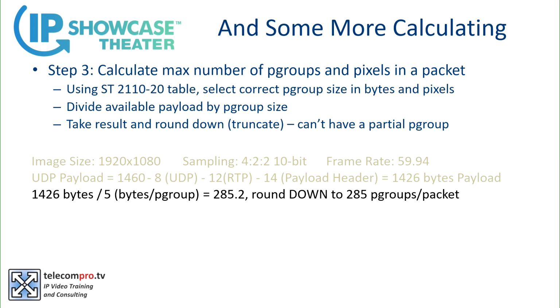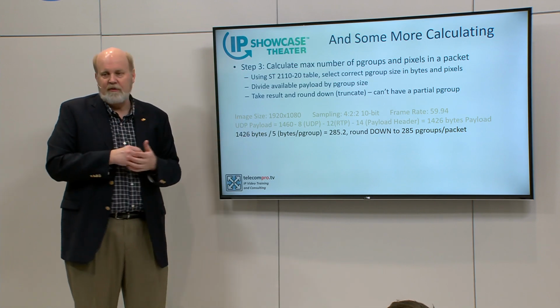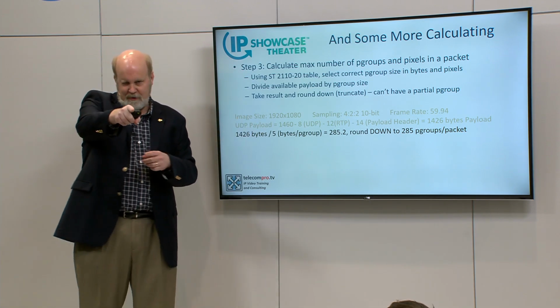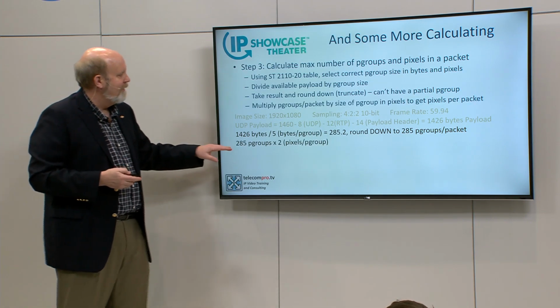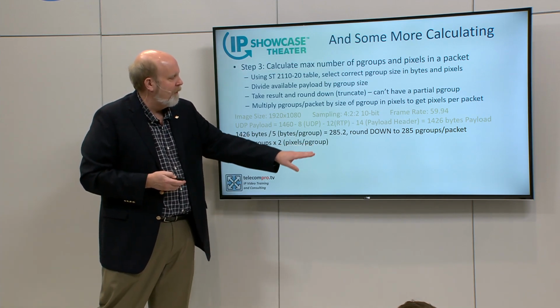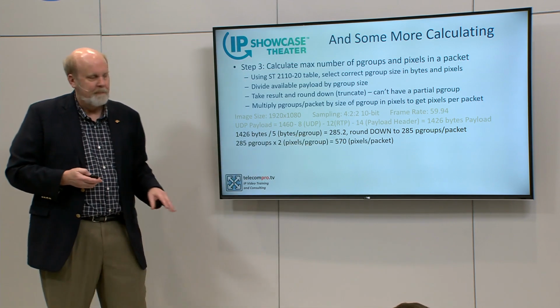But we can't have a partial P group, okay? So we're going to round that number down and say every packet in this stream is going to have 285 P groups, okay? Now, who remembers how many pixels are in each P group for this? Remember we showed it, and I told you to remember it. 2, right answer. I'd give you a t-shirt if I had one, sorry. All right, so 285 P groups times 2 pixels per P group means that there are 570 pixels per packet.